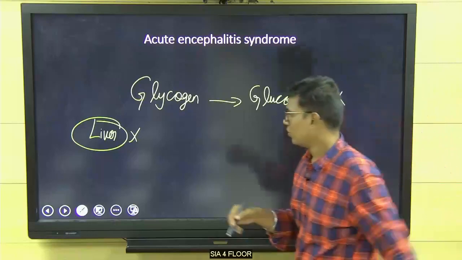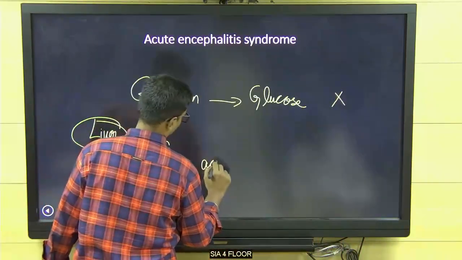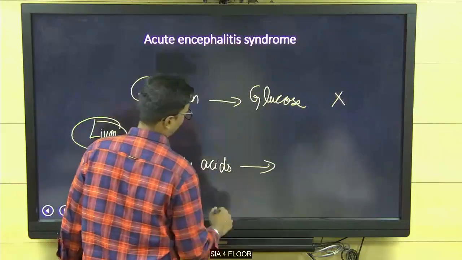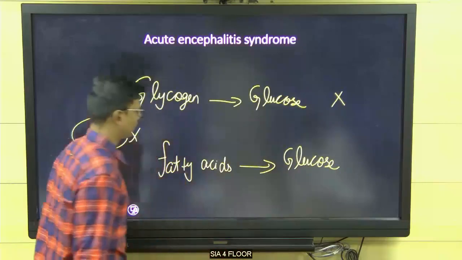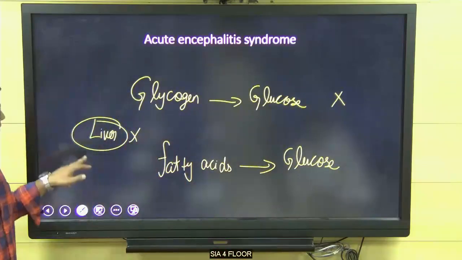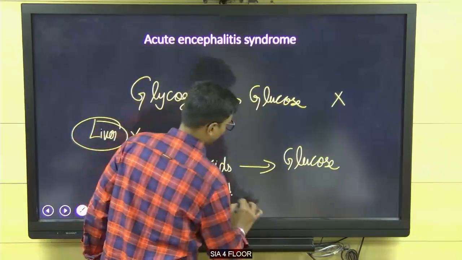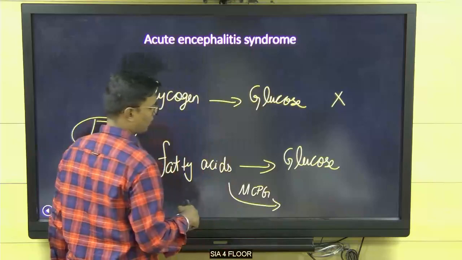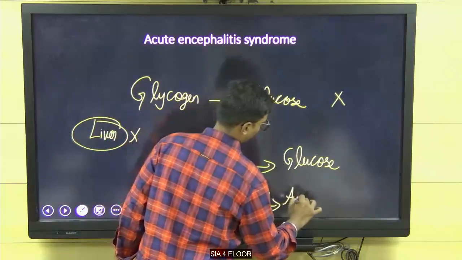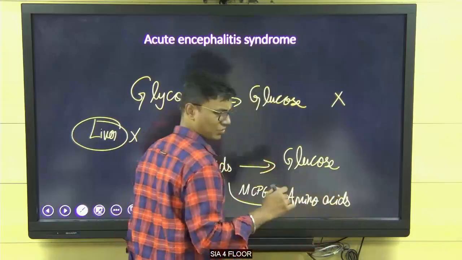So attempt number 2, fatty acids. Fatty acids have to be converted into glucose. This is the second path taken by the body, converting fatty acids to glucose. But then the MCPG, the toxin in lychee, interrupts this mechanism. In the presence of MCPG, instead of forming glucose, it forms amino acids, that is proteins.